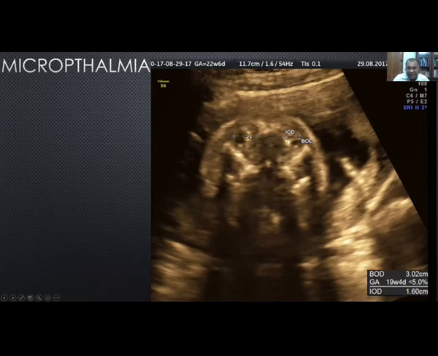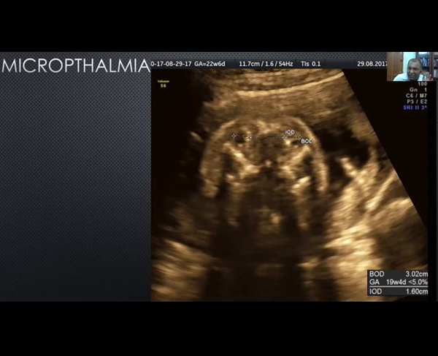Small orbits. We need to know that you can have normal orbital globes with normal lens in the 20-week scan, and you can have complete anophthalmos. Repeat: you can have normal orbits in the 20-week scan and have anophthalmos. All of us know what missing a child with anophthalmos, or having a child with anophthalmos, can do to us medically.